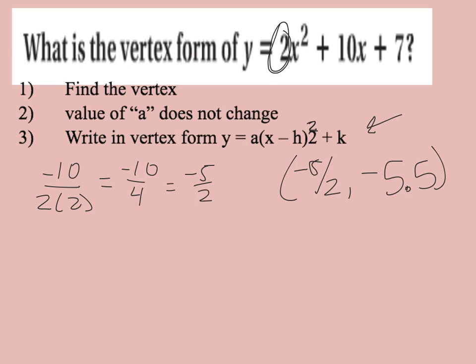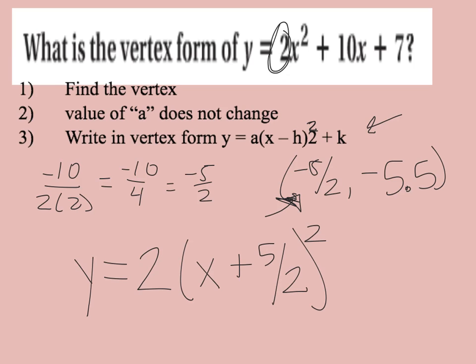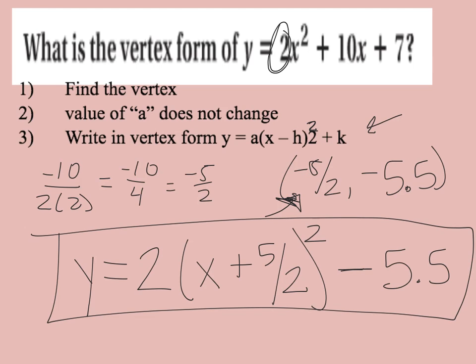So when I'm writing out my equation, my format is y is equal to, my a here is 2, so it stays 2, and then I'm going to have x plus, because my vertex is negative, I'm going to have a positive inside the parentheses, 5/2 squared, and then I'm going to subtract 5.5, and this would be my answer right here.